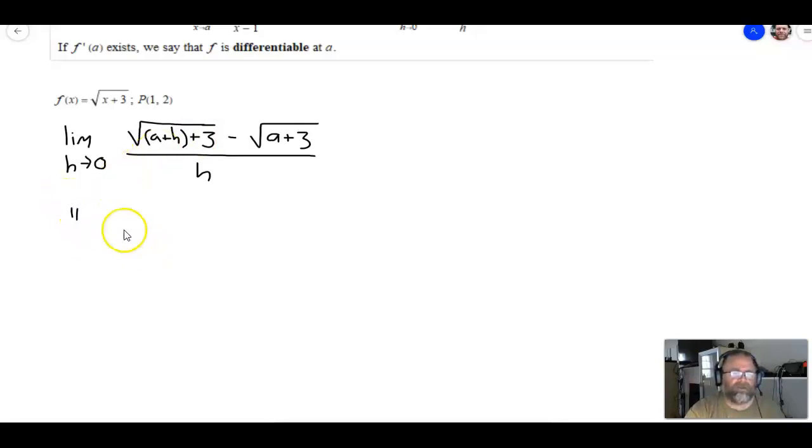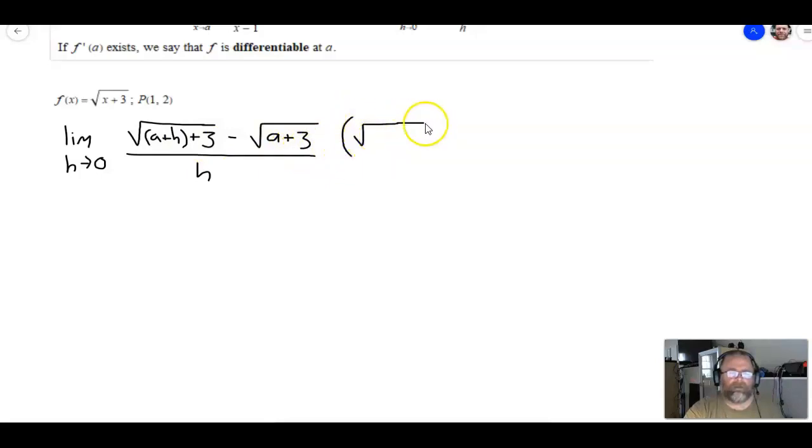So the conjugate is just the first term, and then you change the sign in the middle, and then the last term. So this on top is this minus this, so the conjugate would be this plus this. So I'm going to multiply both the top and the bottom by that conjugate. Let's see what happens here.